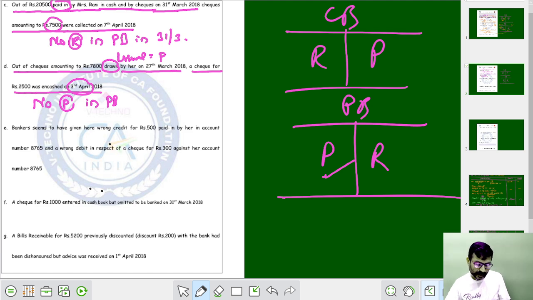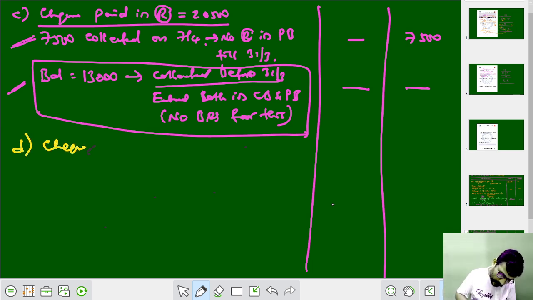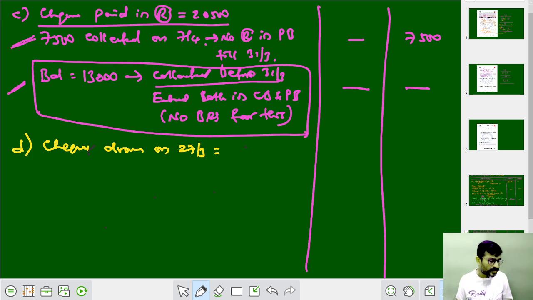So checks drawn, right? What is the point number here? D, right? Checks drawn on 27th March. How much is drawn on 27th March? It is 7,800.